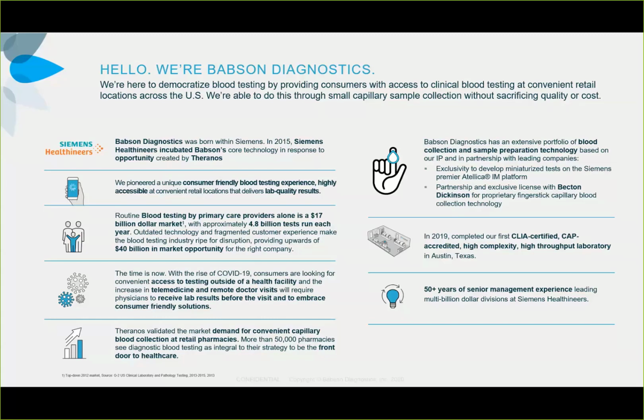Back in March, Babson was debating whether or not to mothball existing projects and kind of hunker down during the pandemic. However, we recognized that there was a unique opportunity for Babson to respond to the COVID-19 pandemic.